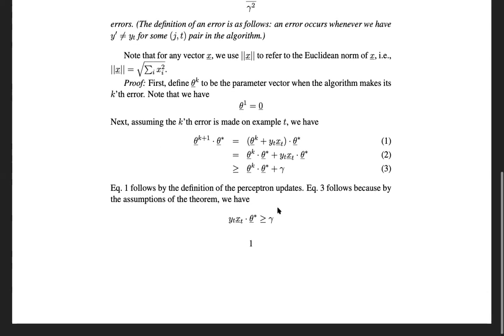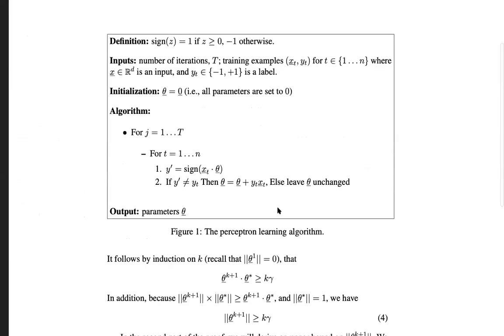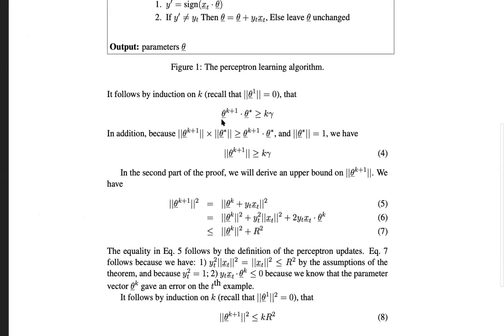In other words, theta k plus 1 dot theta star is more than k times gamma. Nothing complicated has been done here. That is one part of it. So remember this part, this equation 4.